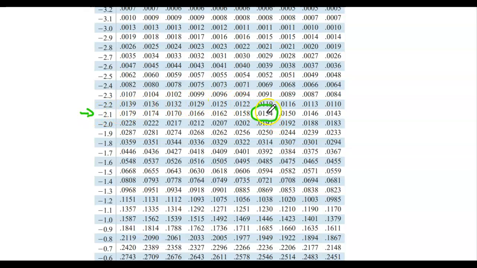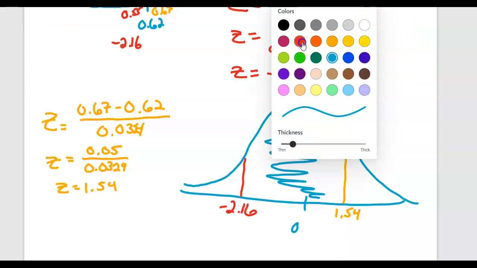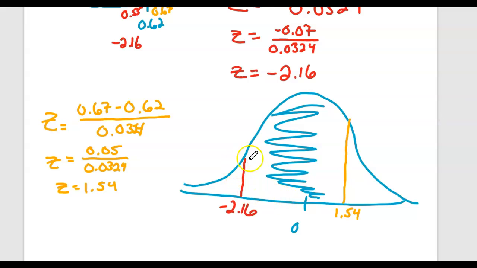So I get a 0.0154. So remember that our chart always gives us to the left. So to the left of this is a 0.0154. Well, that doesn't include any of this. That's okay. We'll figure out what happens here in a few minutes.